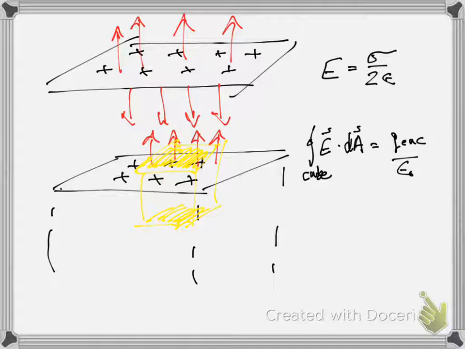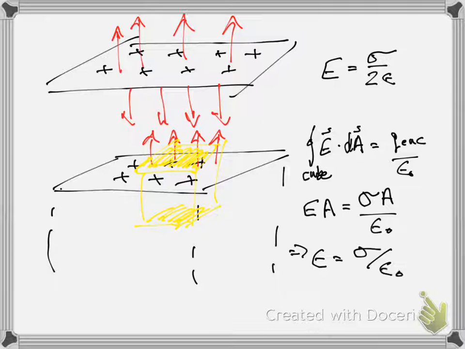So we've got the flux through the single side, the dot product goes away like usual, the integral goes away like usual, and we've got E times A equals the charge enclosed in the cube, which is still going to be sigma A over epsilon 0. And so therefore E is equal to sigma over epsilon 0.